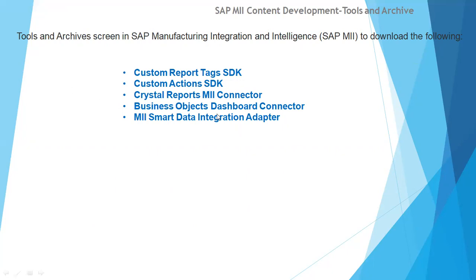If you want to connect to BOBJ, there are SAP BOBJ tools for reporting. You can use this business object dashboard connector. And there is the MII smart data integration adapter. SDI is also available. So you can look into the tools and archives and use them whenever required.